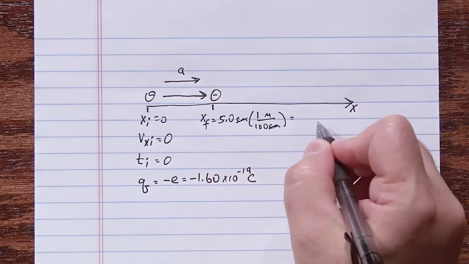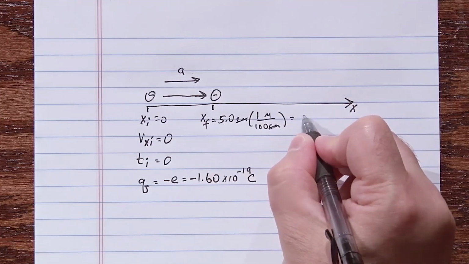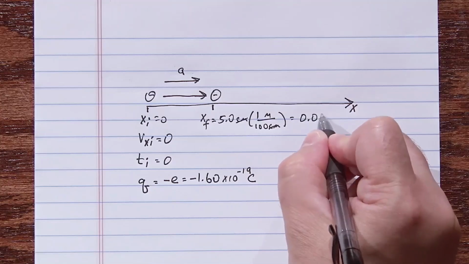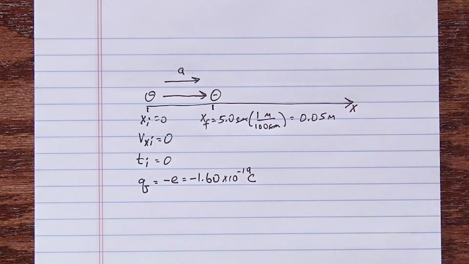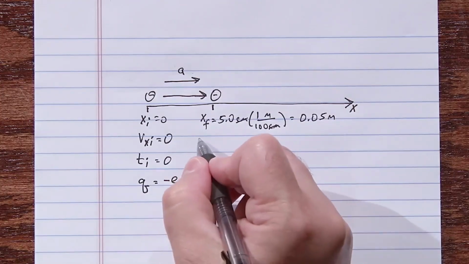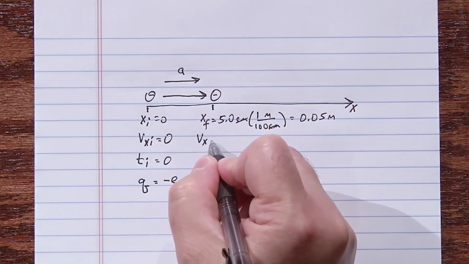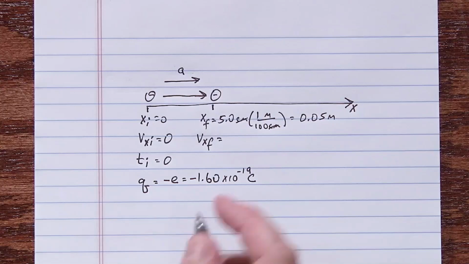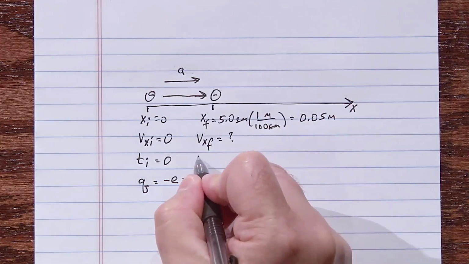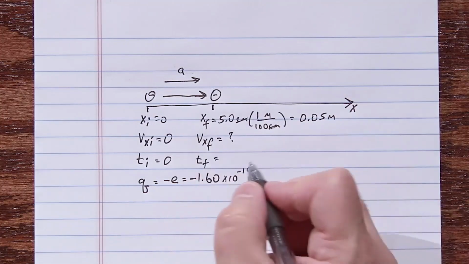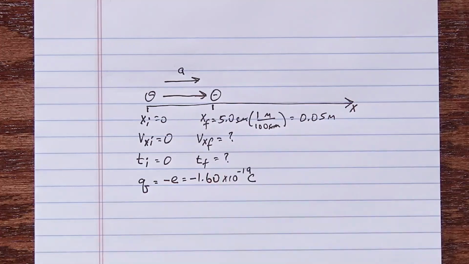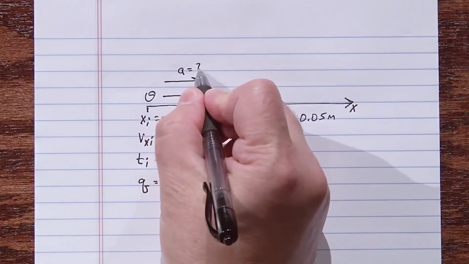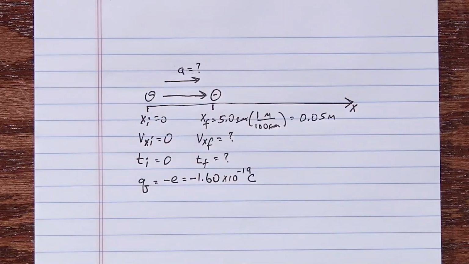Cancel my centimeters, and we see that x final is 0.05 meters. The speed of the electron, Vx final, the speed of the electron at the 5 centimeter mark, we don't know. We also don't know the time at which the electron reaches the 5 centimeter mark, so t final is also unknown. And so is our acceleration. Acceleration is also unknown.